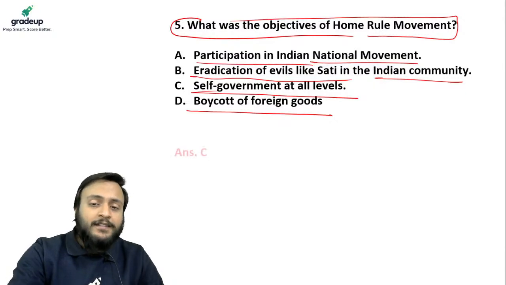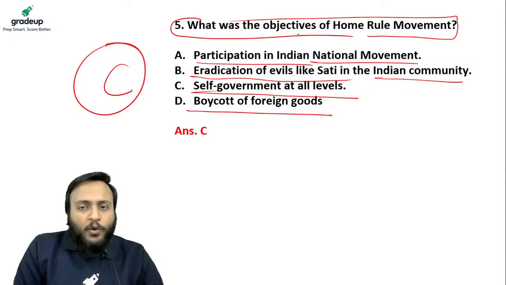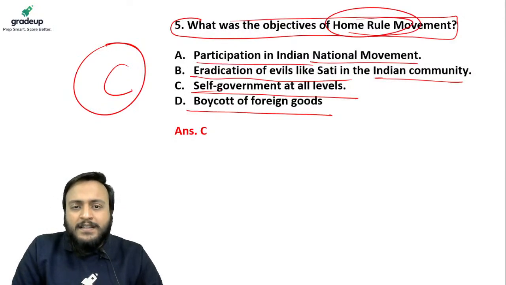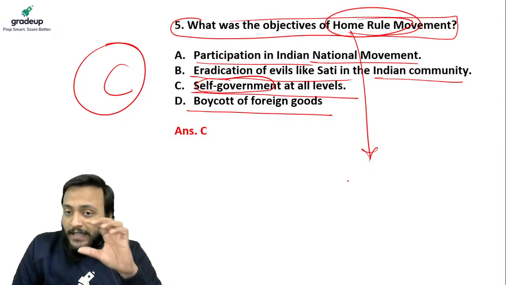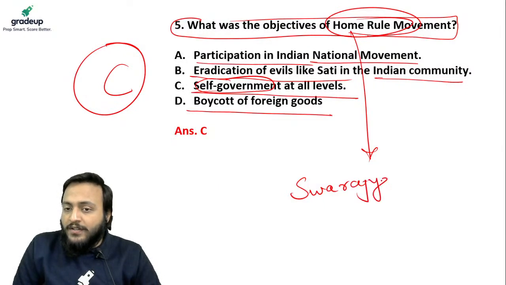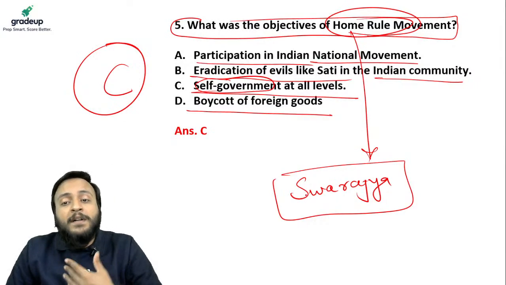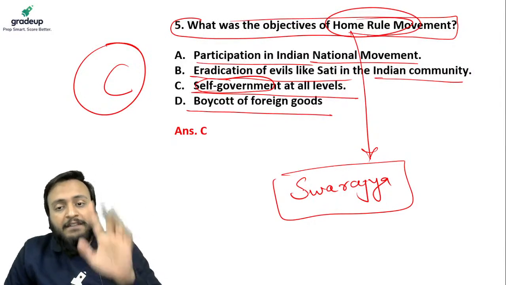Let's check the answer. As expected, option C: Home Rule movement means self-government. Home Rule, according to Bal Gangadhar Tilak, was Swaraj. Swaraj is our birthright and we shall have it.